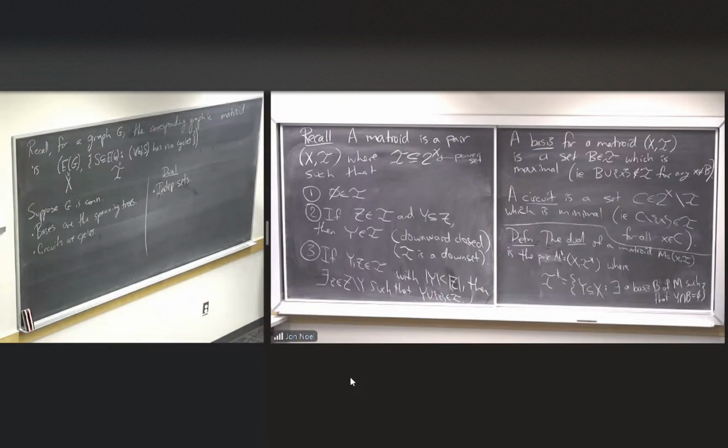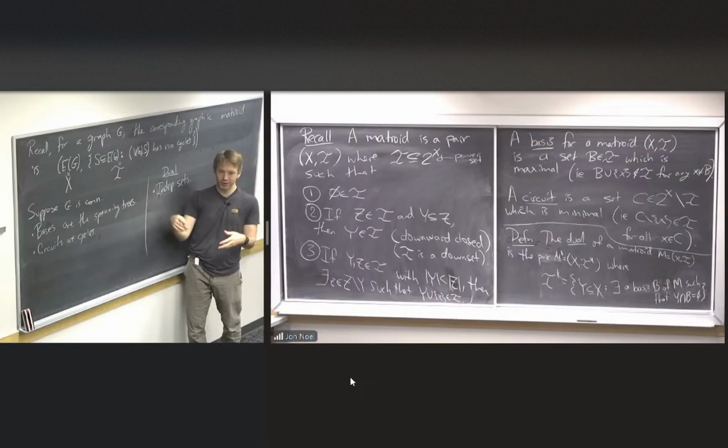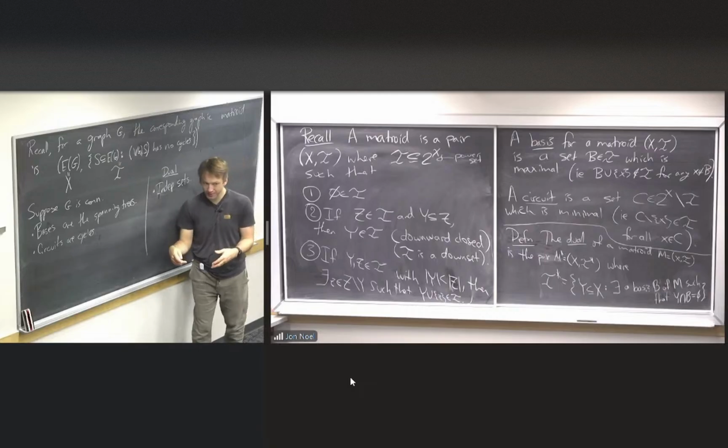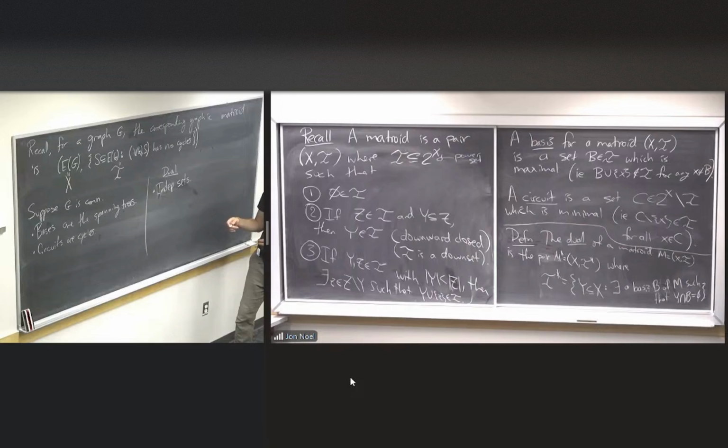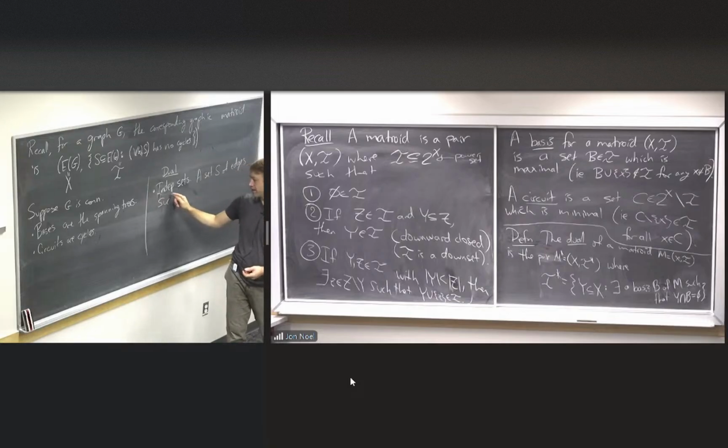If you go to the definition of dual, a set will be independent here if there exists a basis of this matroid that's disjoint from it. So an independent set here would be a set S of edges such that if I take G and I remove those edges, it is connected.